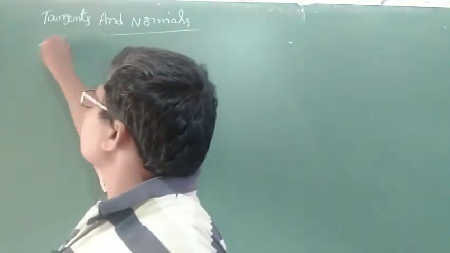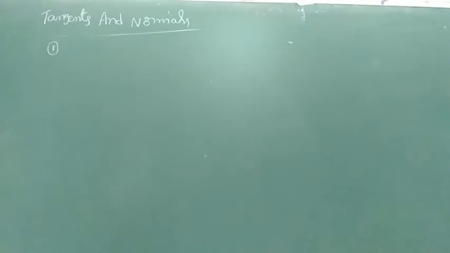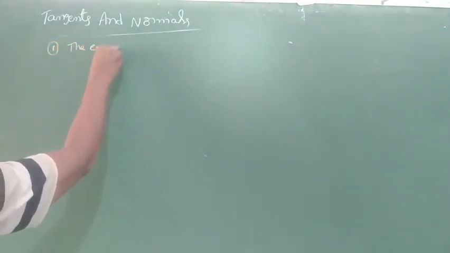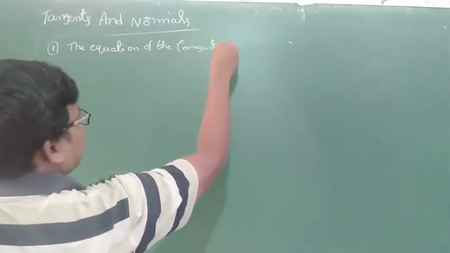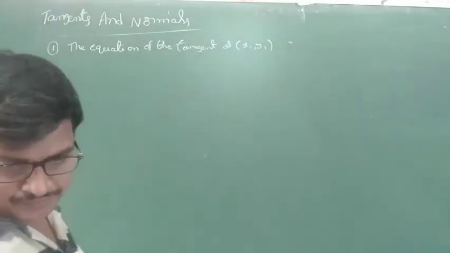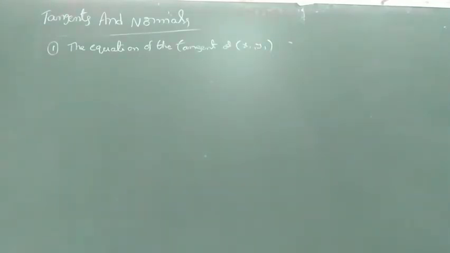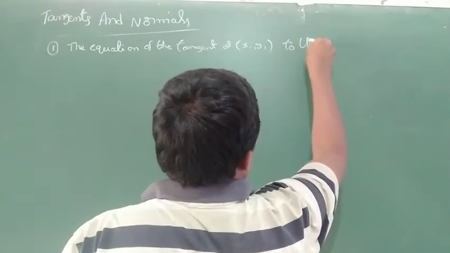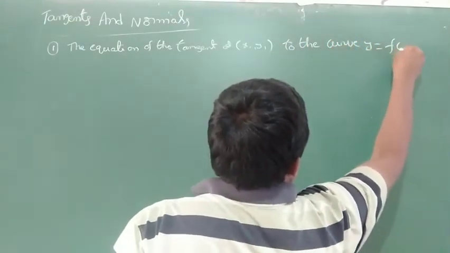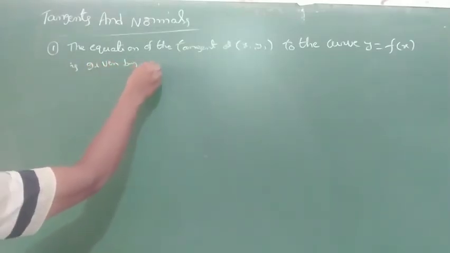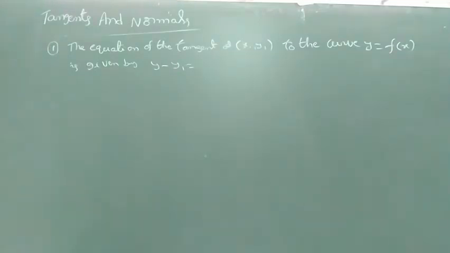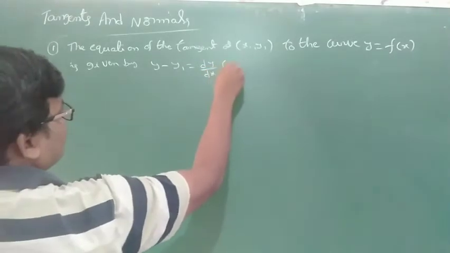First one, the equation of the tangent at x1 comma y1 to the curve y is equal to f of x is given by y minus y1 is equal to dy by dx into x minus x1.